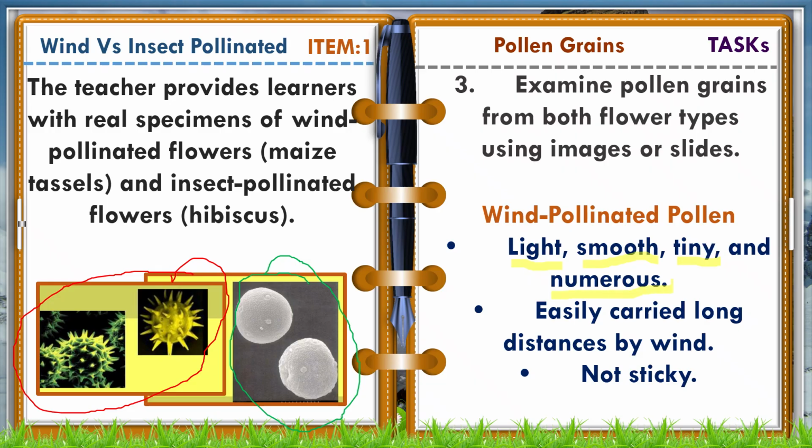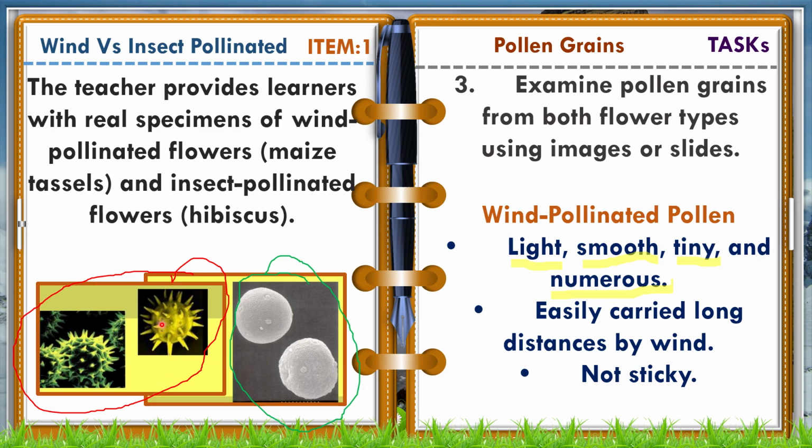So I want us to come back here. Which one do you think, according to the definition here, light, smooth, tiny, and numerous, which one do you think are light, are smooth, and tiny? The way we look at them, these ones don't look to be light.